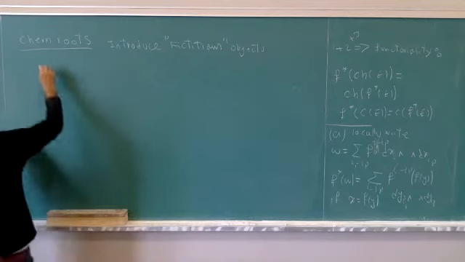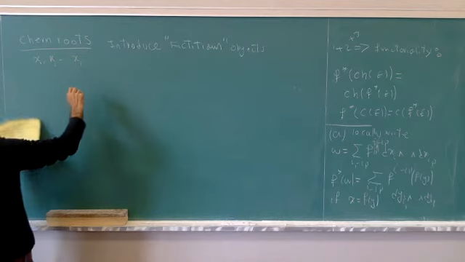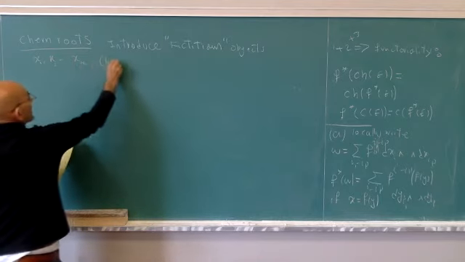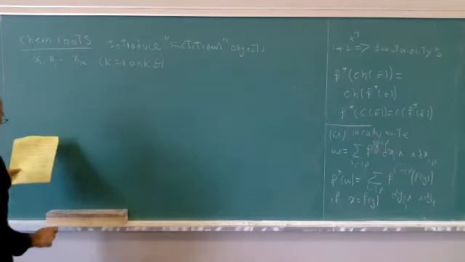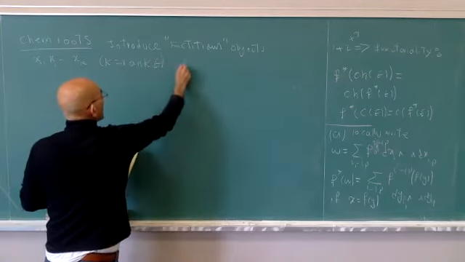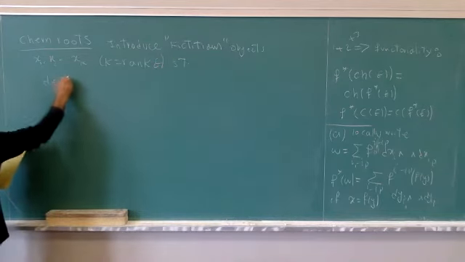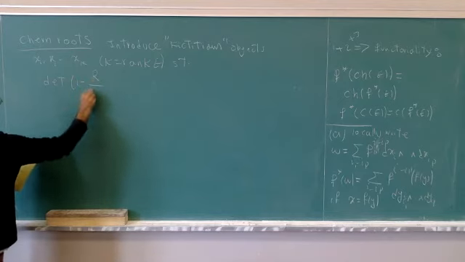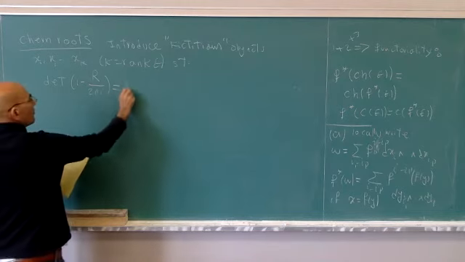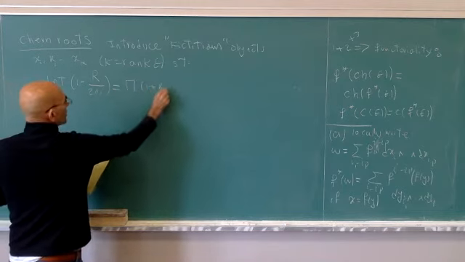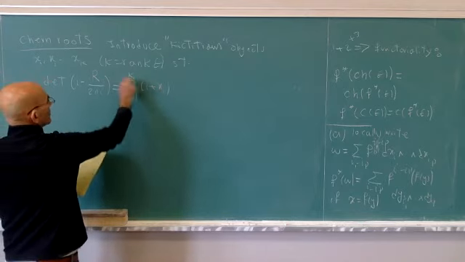x1, x2, xk, where k is equal to the rank of E, such that the determinant of 1 minus R over 2 pi i is equal to the product of 1 plus xi, from 1 to k.